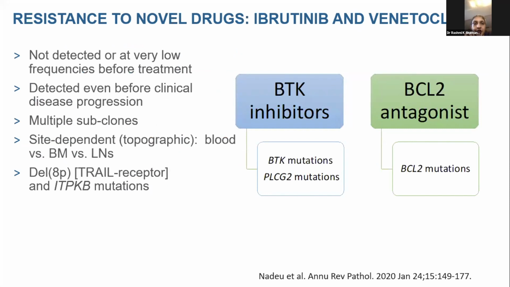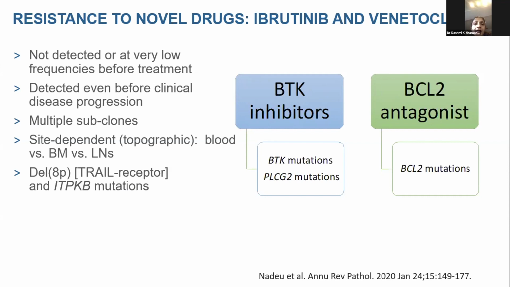So again, as I mentioned a few minutes before, the resistance to novel agents, ibrutinib and venetoclax, which are being increasingly used nowadays. So with use of BTK inhibitors, the mutations in BTK and PLC gamma 2 induce resistance and lead to disease progression or even transformation to Richter's. And the same with venetoclax, there are several BCL2 mutations that have been identified.